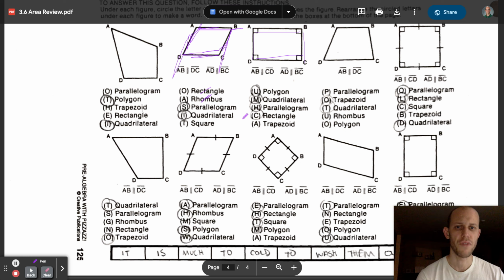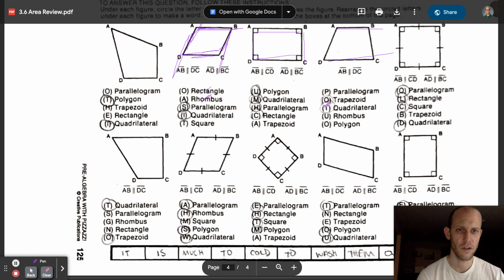But based off of this book, a trapezoid has only one set of parallel sides. This has two.